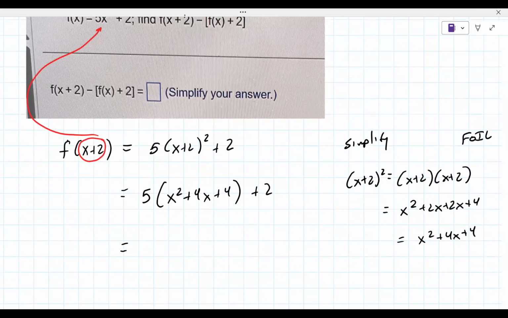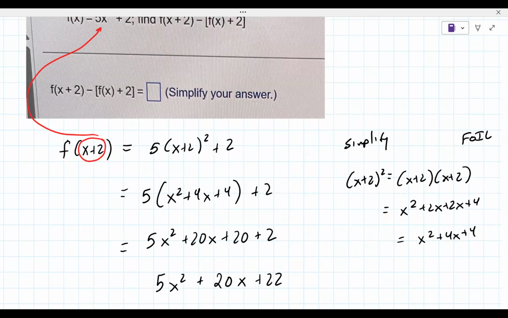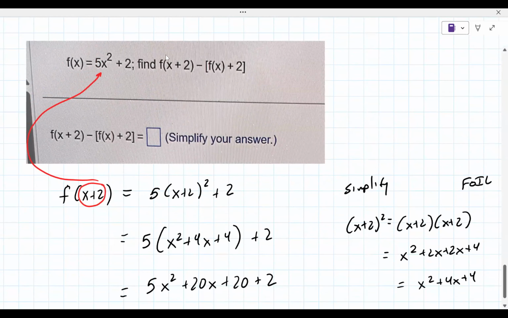And then you distribute that 5 in. So it becomes 5x squared plus 20x plus 20 plus 2, which is 5x squared plus 20x plus 22. Now that's just the x plus 2 part, so that's not the answer. That's just part of the answer.